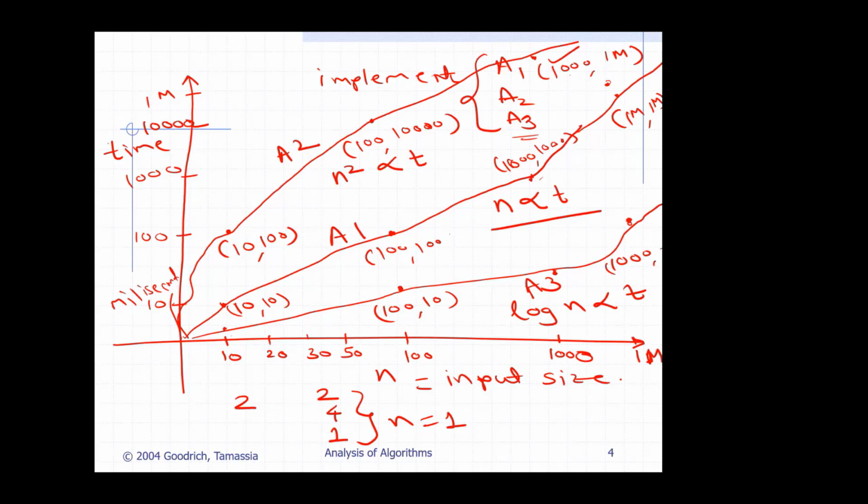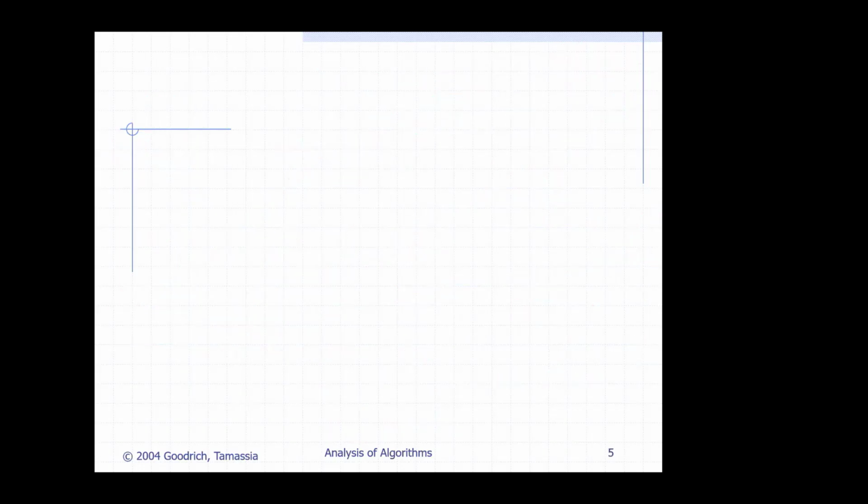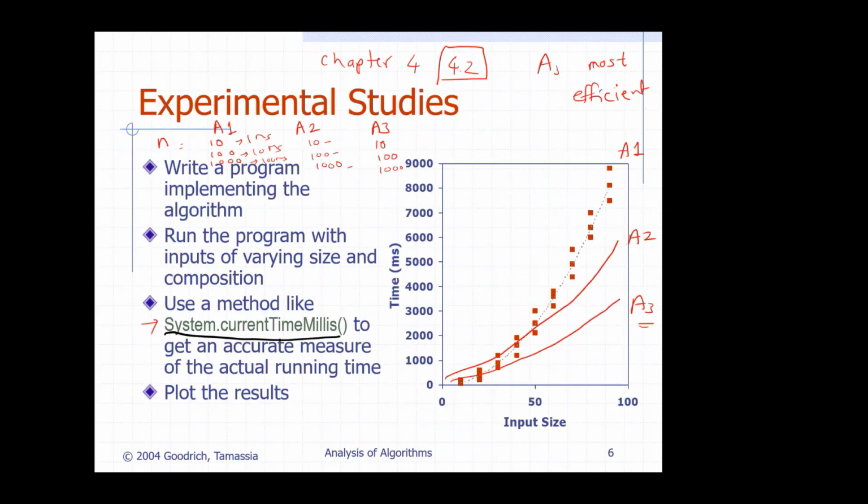This is just to give you an example of how it is expected to be done, but again, it is not possible. It is really impossible to implement all the algorithms, try them for different input sizes, and do it on the same machine. So that's not what we are going to do.